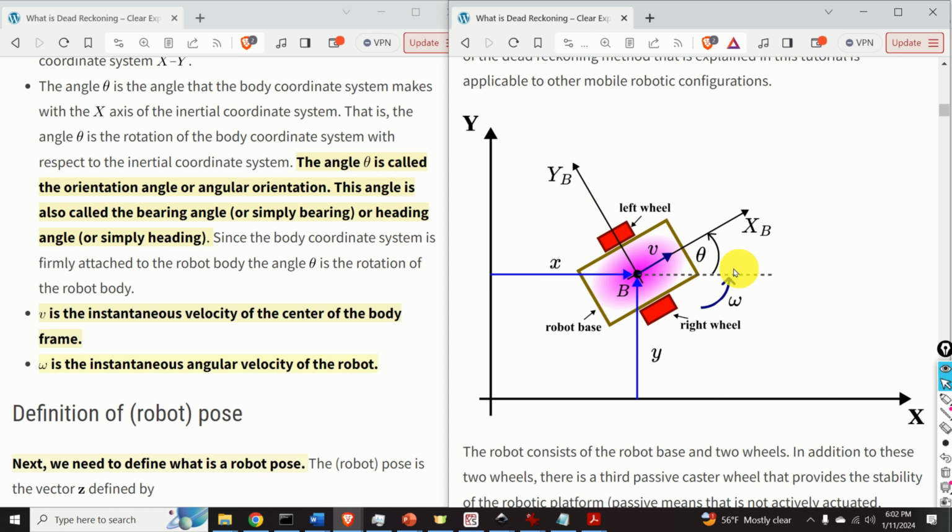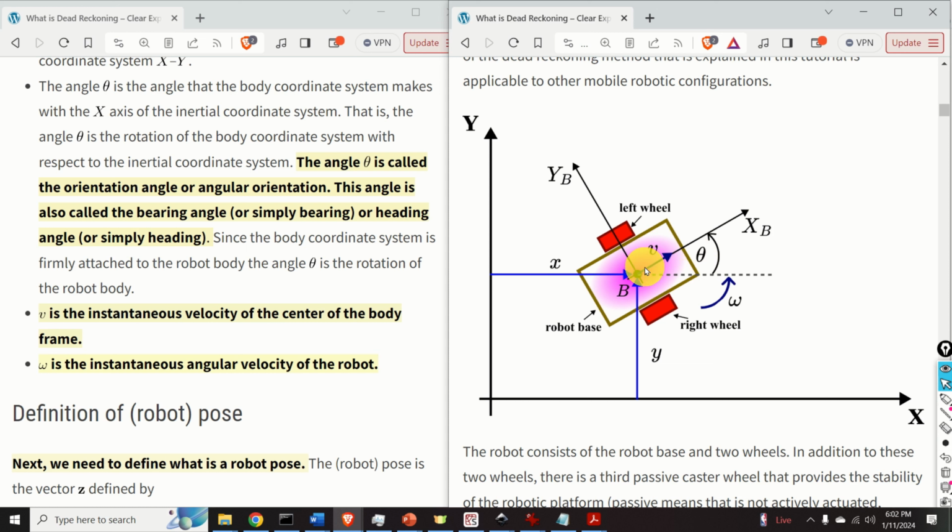That is, the angle theta is the rotation of the body coordinate system with respect to the inertial coordinate system. The angle theta is called the orientation angle or angular orientation. This angle is also called the bearing angle or simply bearing, or heading angle, or simply heading. Since the body coordinate system is firmly attached to the robot body, the angle theta is the rotation of the robot body.